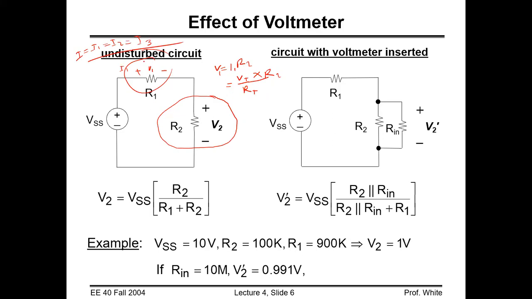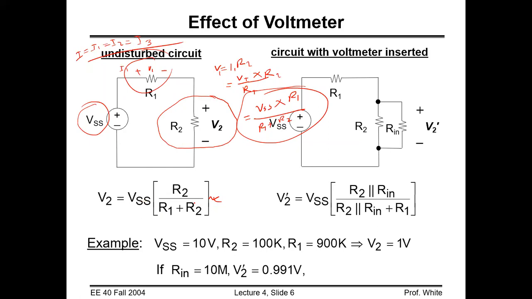So I1 means I. We know that I is equal to V by R, where V is the total voltage and R is the total resistance. So now V1 is equal to Vs into R1 by RT, where RT means total resistance, R1 plus R2. So this is your formula, is this clear?